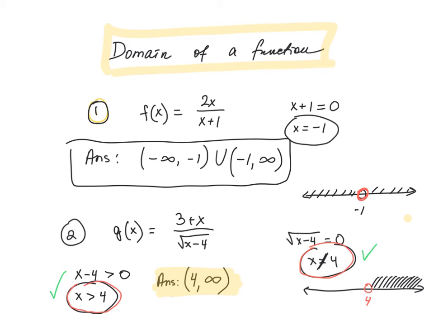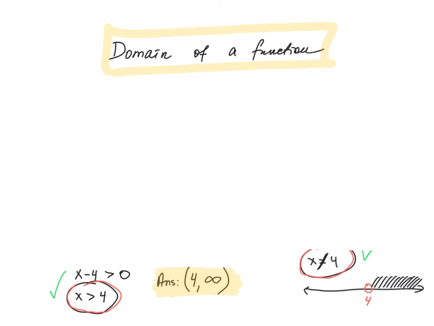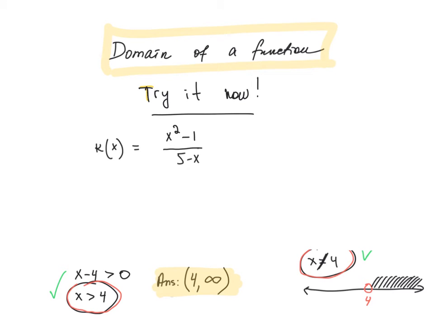So let me just erase this first problem here. All right, it's all erased. And here's your question, so please try it. Let's call it k of x equals x squared minus 1 over 5 minus x.